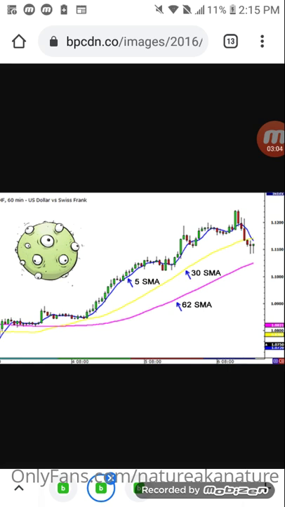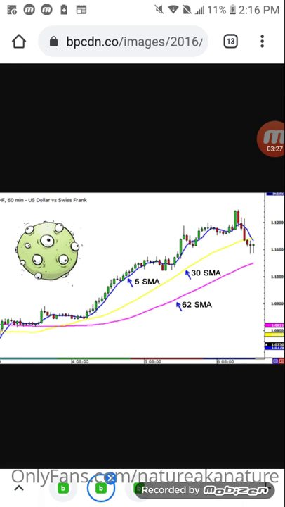The longer the moving average is, the more it tends to lag and the smoother it is with price. Sometimes the short SMAs can miss the overall trend because they're so close to actual price.